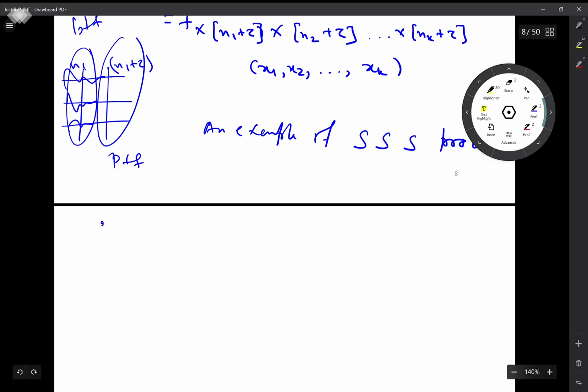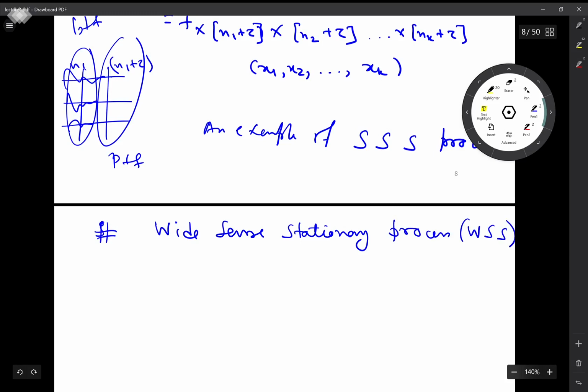This is a less restricted type of stationarity.